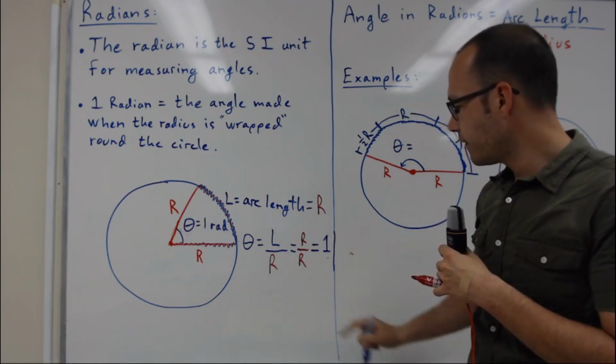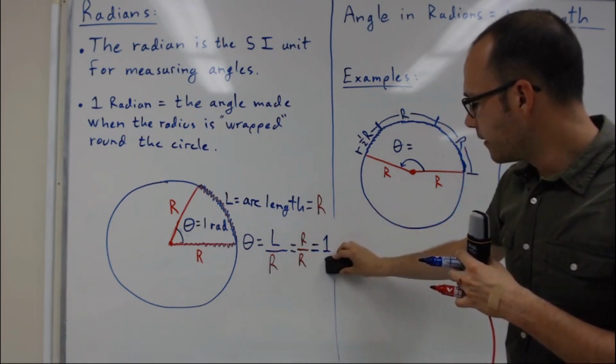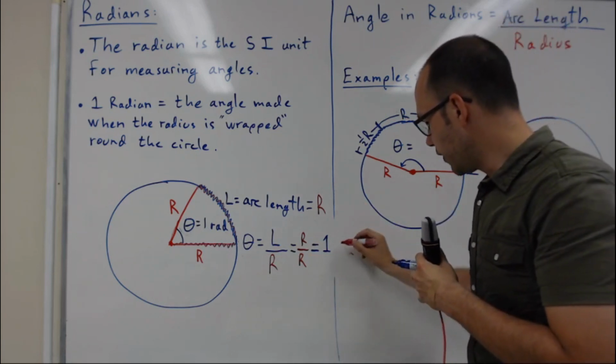So we have an angle equal to 1, and we can add the unit, which is rad.